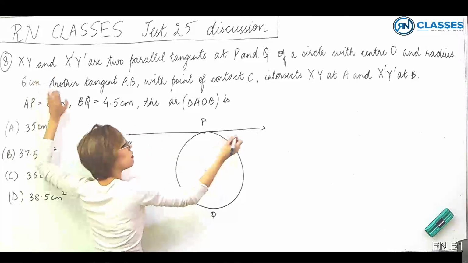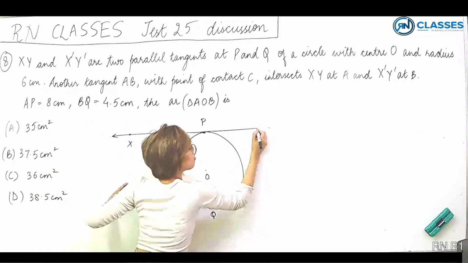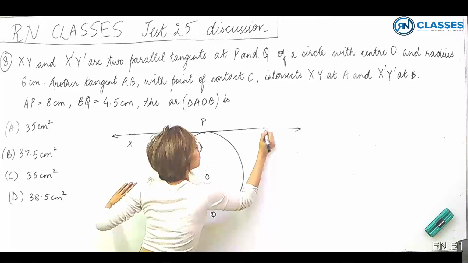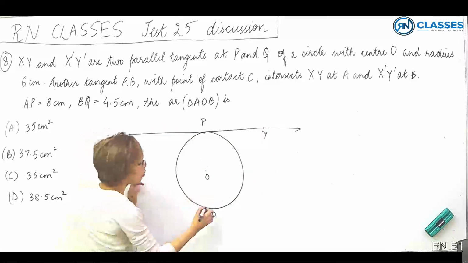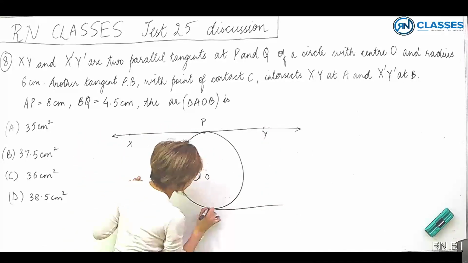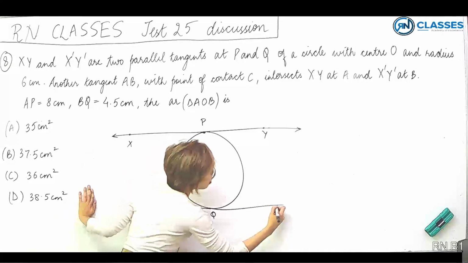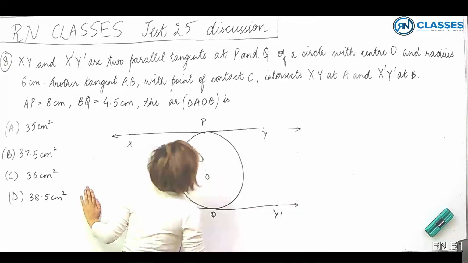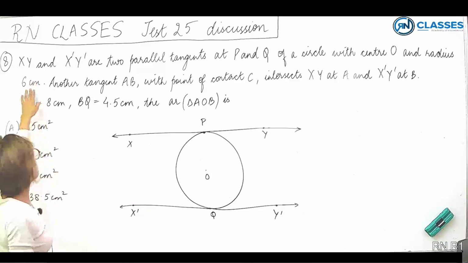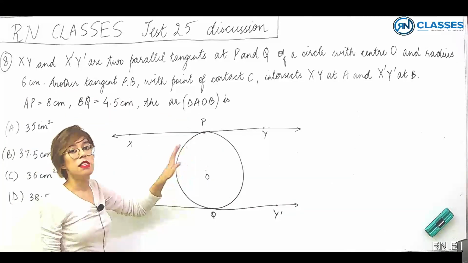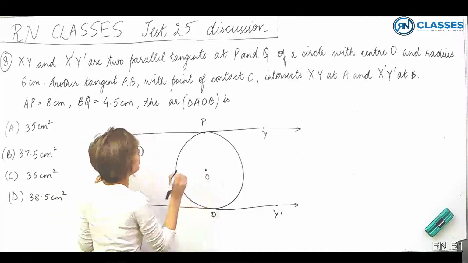So this point is x, this point is, let's make it further apart, this point is y. Right, and at Q I will have my another tangent, which will be x dash and y dash. Right, and radius is 6 centimeters. So radius of the circle is given to me.